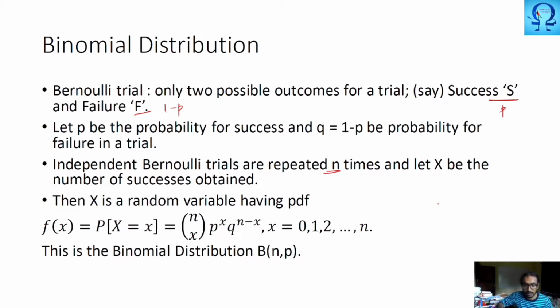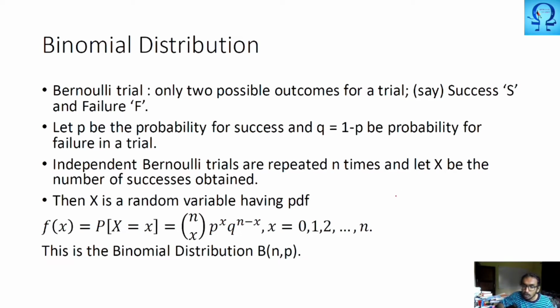There is no guarantee that you will obtain success a certain number of times. There is a chance that you will not get success at all. There is a chance that you will get success one time, two times, till in all the trials you may get success. This is also possible.